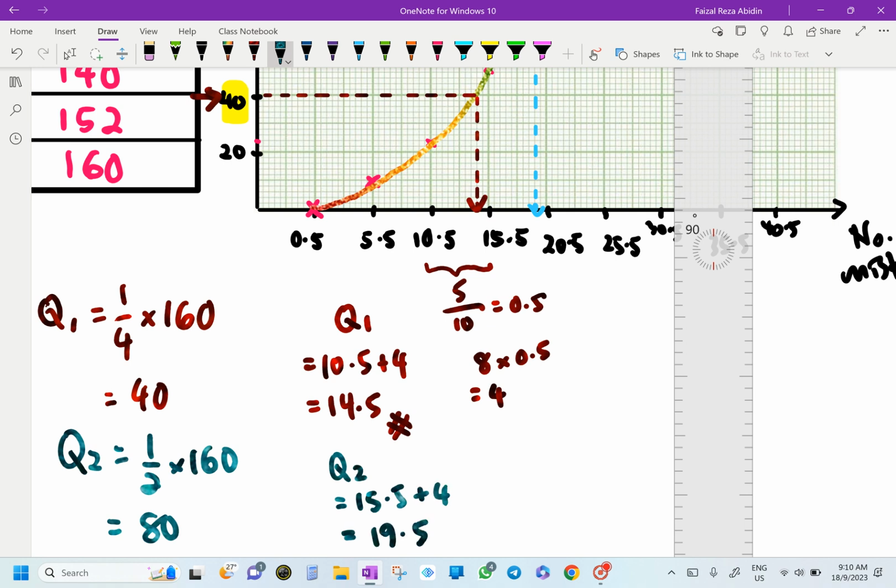You got 20? If you got 20, yes, proceed with 20. It depends on your graph. Plus minus, we are going to get with our friend's answer.